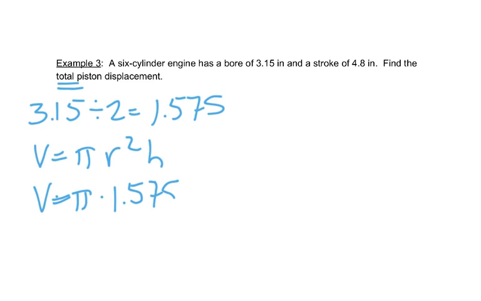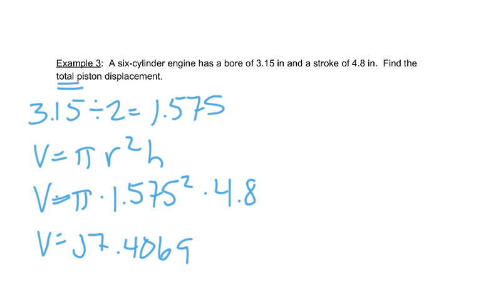So we'll take that as our radius and the 4.8 as our height. And that is 37.4069.